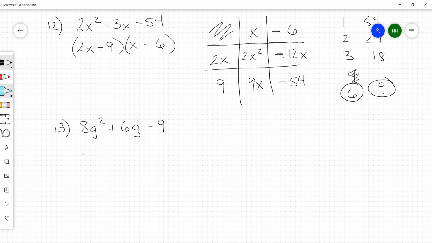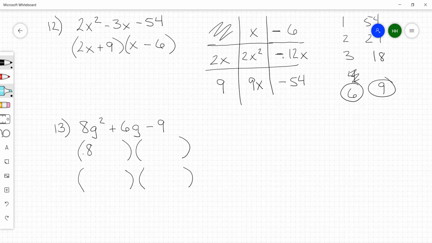All right, we got an 8g squared plus 6g minus 9. Nothing goes into 8, 6, and 9. Well, not nothing, but there's not one number that goes into all three. So this is interesting because we have multiple combinations for the first term in our factors. We could have 8g and g, 4g and 2g.